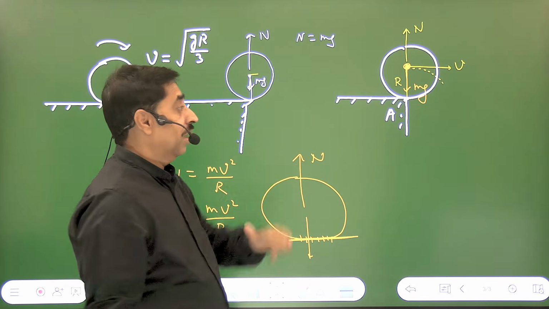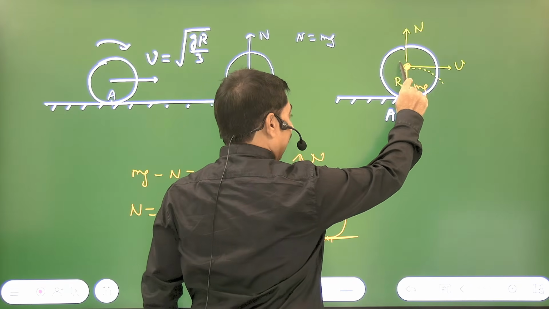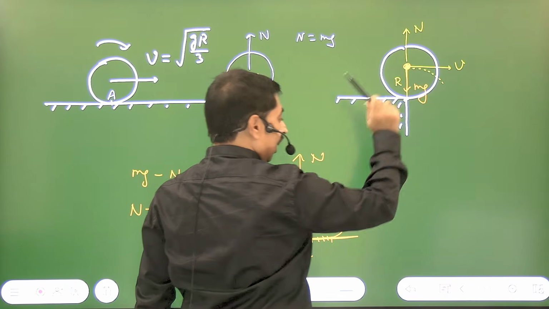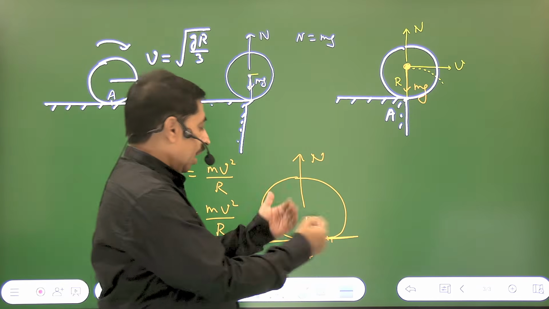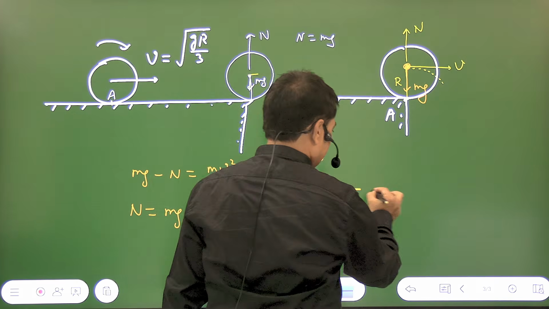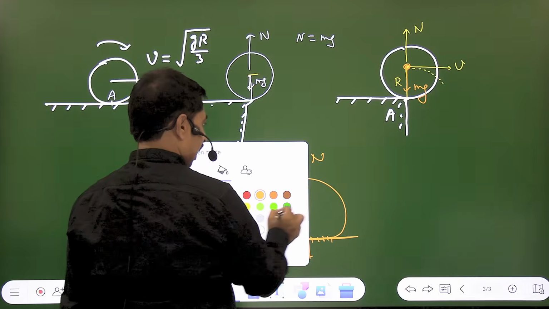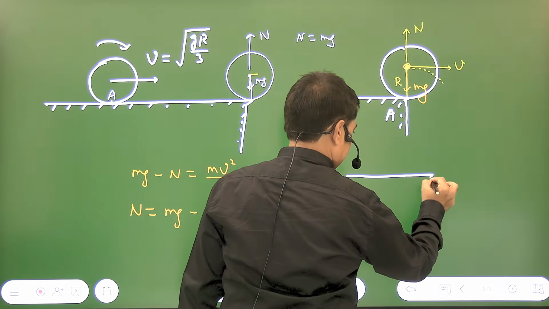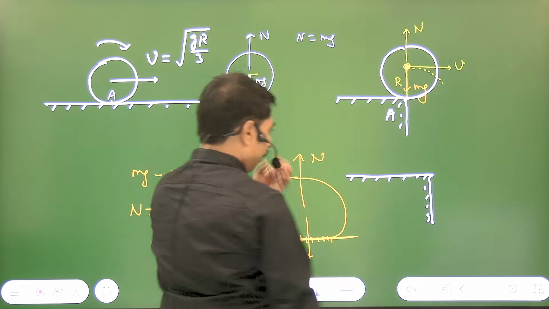Now what happens? This center of mass is, in fact, already moving on this circular track. A little bit later on, think of a time which is delta t ahead. What will happen now?